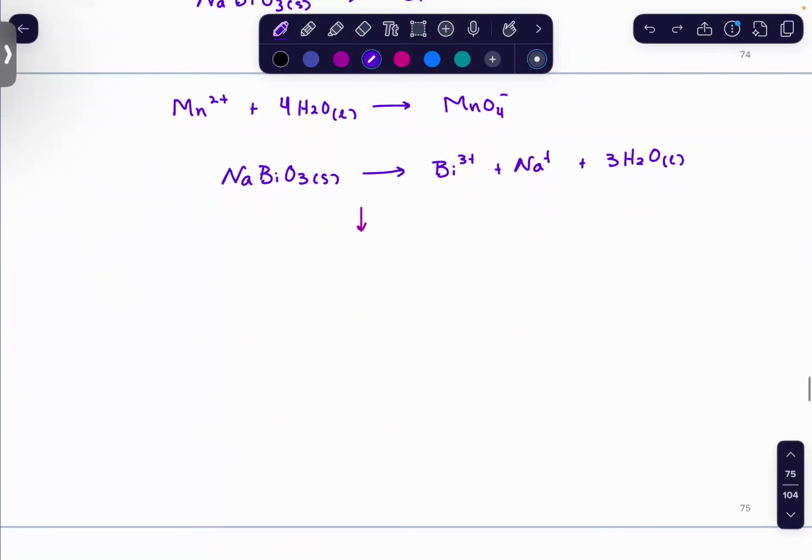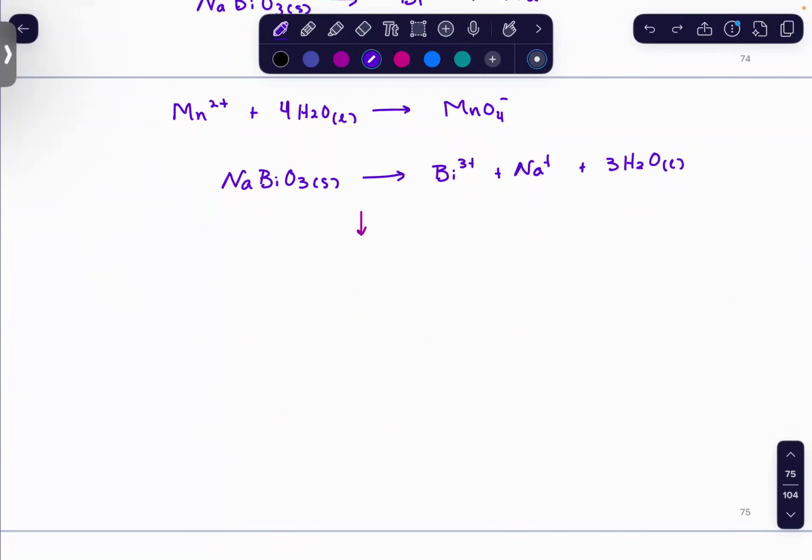So that means I need 8 protons on the right. And you'll notice that balances the hydrogens from the water.